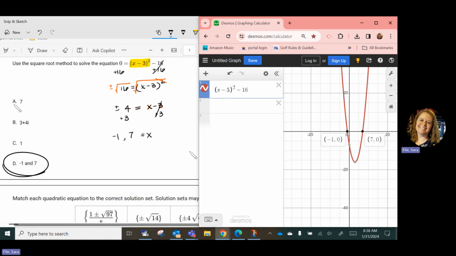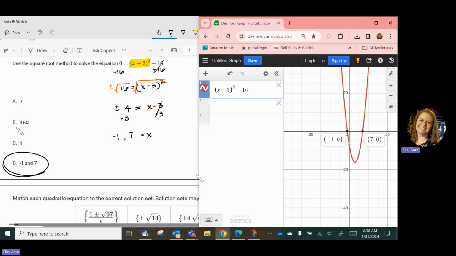What's the other vocab term for it? X-intercept. So if this is saying there's 2 solutions, that means there's 2 x-intercepts. So if there was only 1 solution, that means there's only 1 x-intercept, right? That would mean that the vertex, the turning point on the parabola, would actually be on the x-axis, wouldn't it? If there was only 1 real solution.